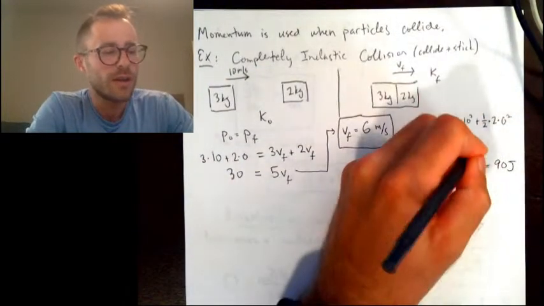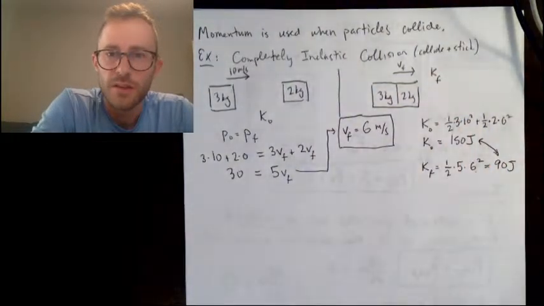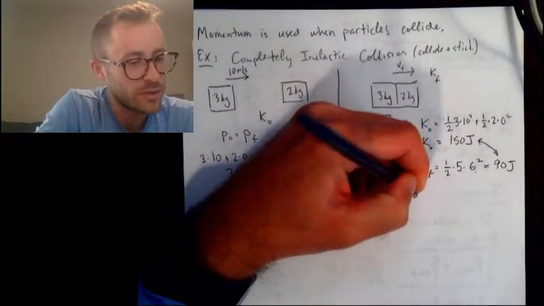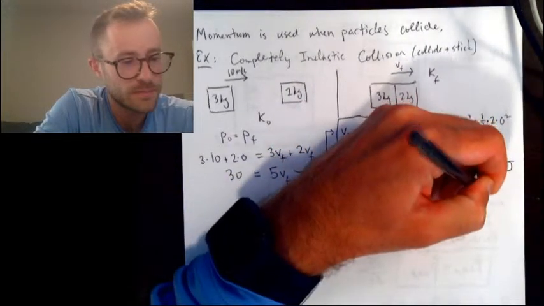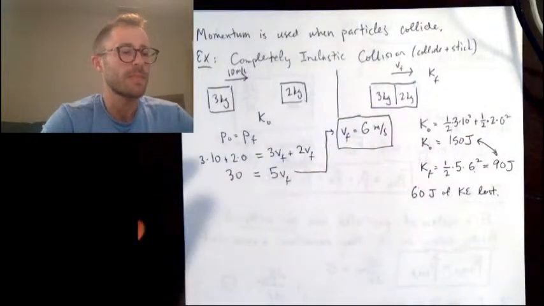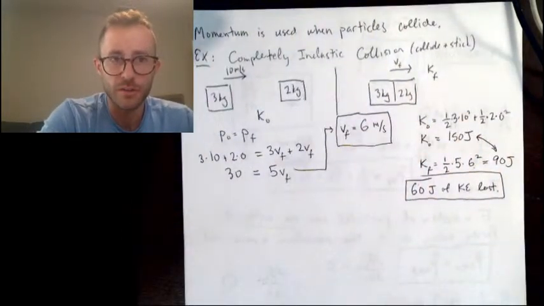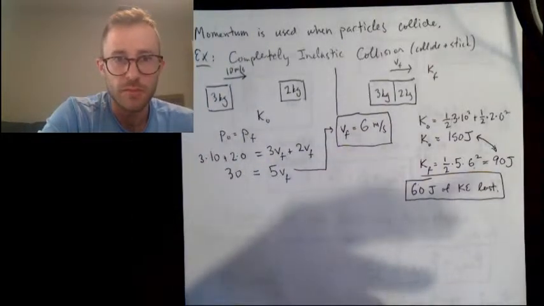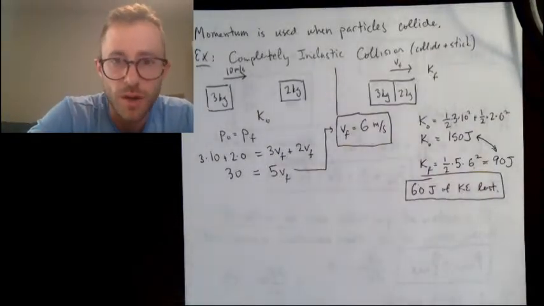So I can see that some of the kinetic energy went away. Actually there were 60 joules of kinetic energy lost. Where did that kinetic energy go? It became heat, it became sound, it deformed the blocks, whatever.